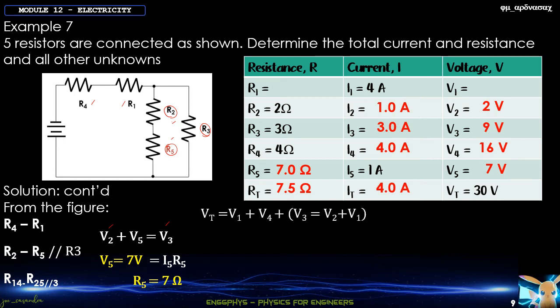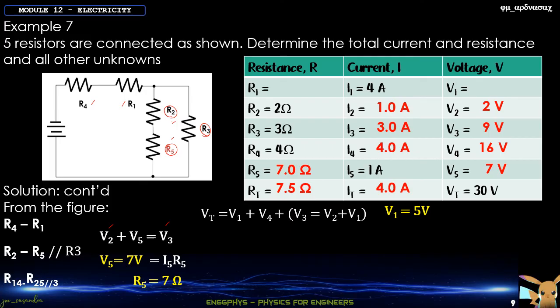Or the total voltage now is equal to V1 plus V4 plus voltage 3. So substituting now our value, that will now be 30 minus V4 minus V3.